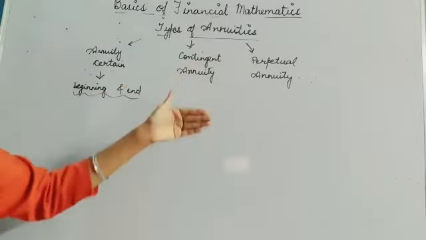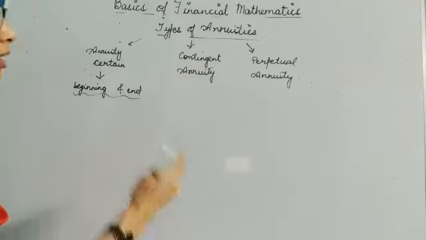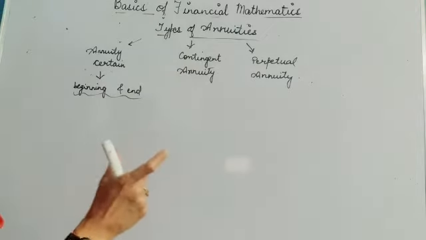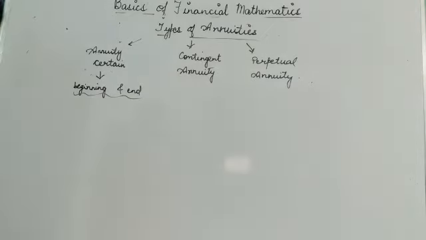That means the marriage age is not fixed. So he has taken LIC premium for his son or daughter, but since the marriage is not fixed on a particular date, it is contingent annuity. That means continuously he is making investment, but he doesn't know the time period at which he has to stop.